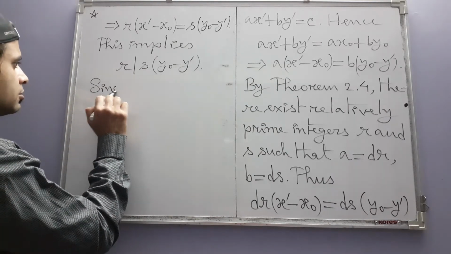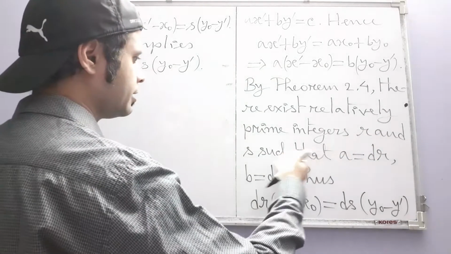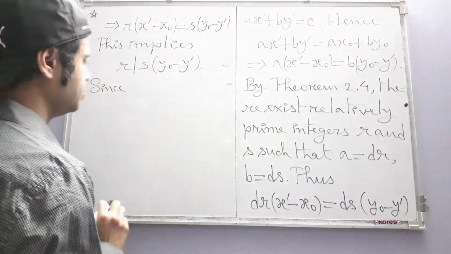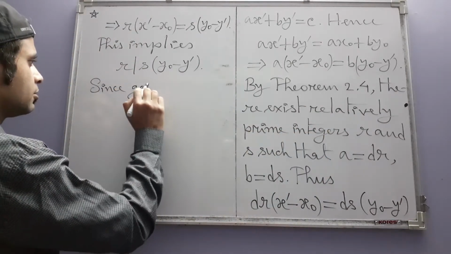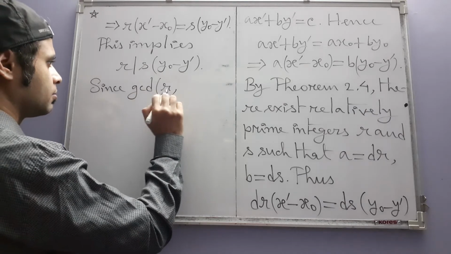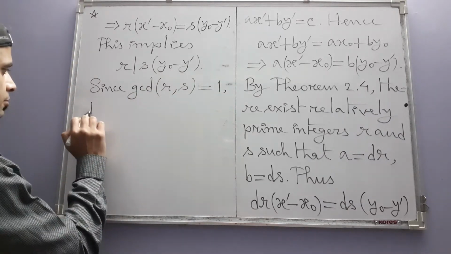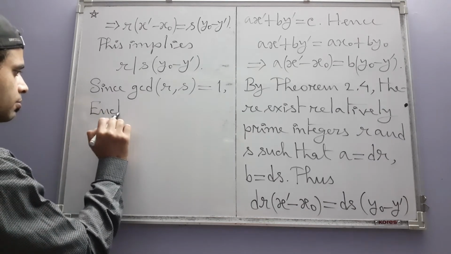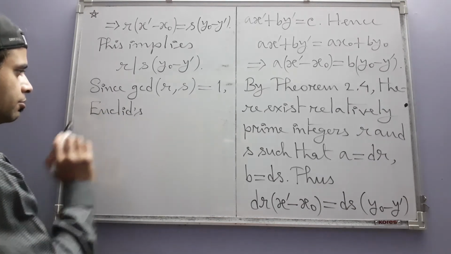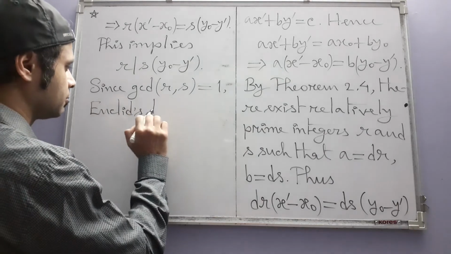Now since r and s are relatively prime, that is, since their greatest common divisor is 1, we can apply Euclid's lemma here.